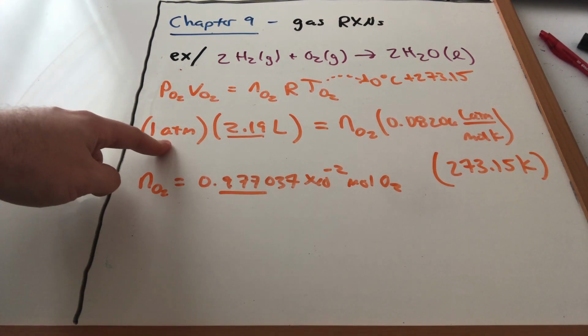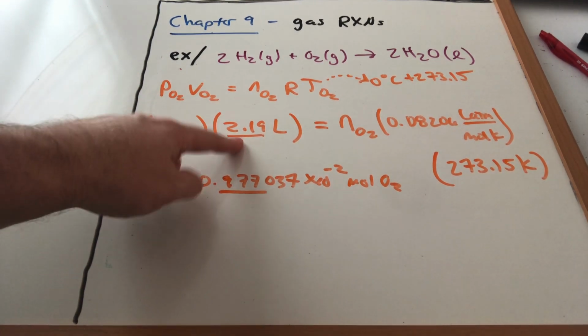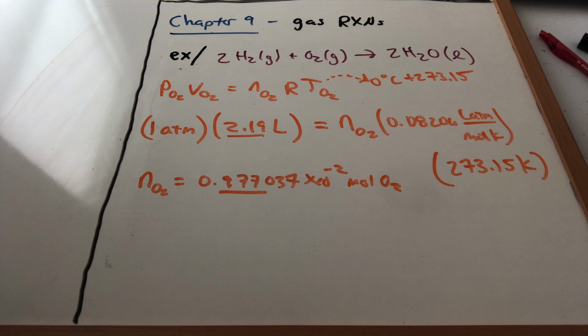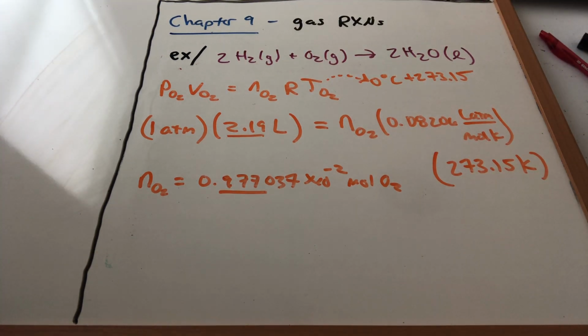Well, it was 1 atmosphere because it was measured at STP too. What was the volume of hydrogen used? Oh, it was the same. So we could redo all this math, but it had the same temperature, the same R, the same volume, the same atmospheres. Our information about H2 is exactly the same.